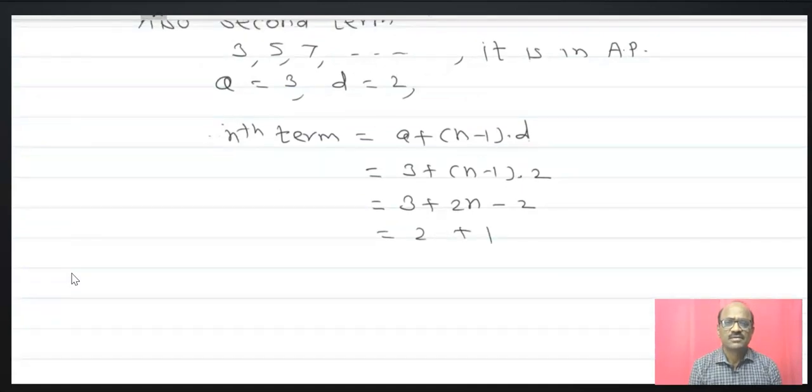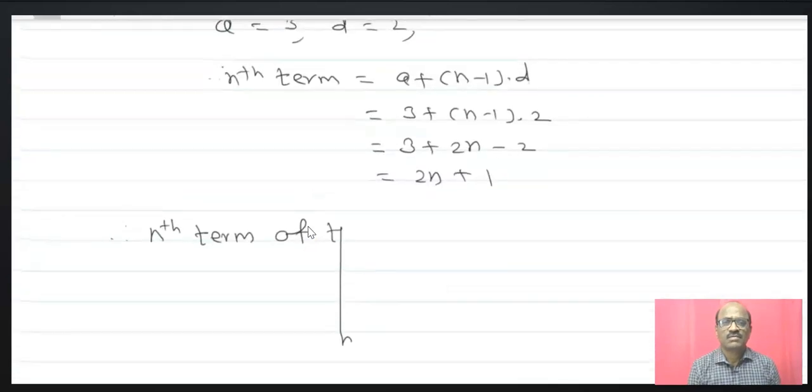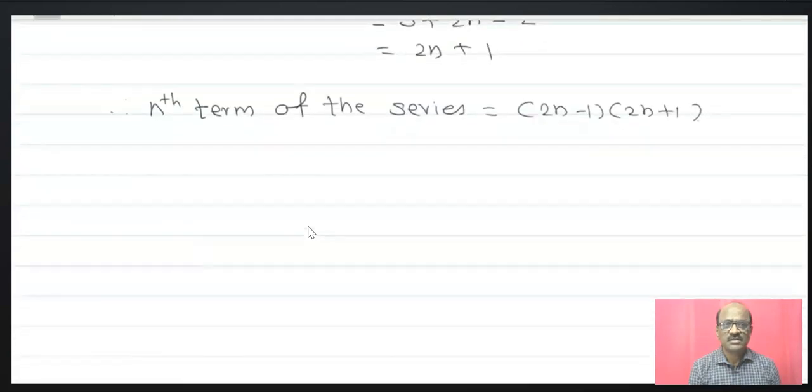And therefore, this is the second term. Therefore, the nth term of the series is (2n minus 1) into (2n plus 1).